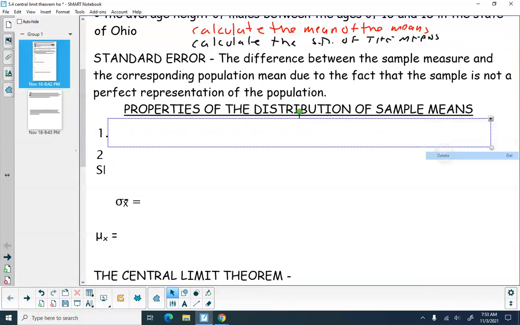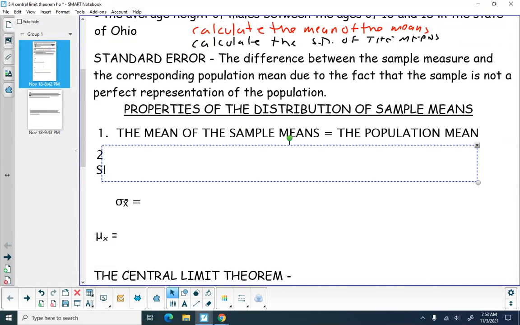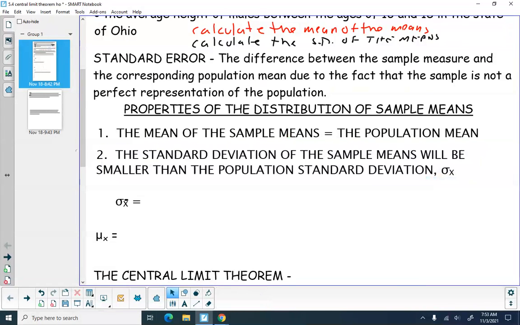Properties of a sample distribution. The mean of the sample means is approximately equal to the population mean. In the perfect world, they will be equal.